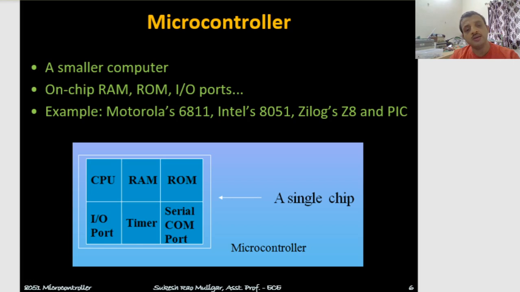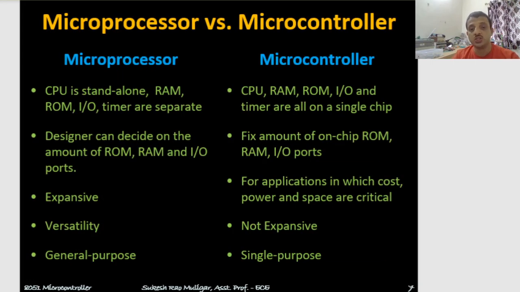A controller can be imagined as a single chip solution for any computing system where we have a CPU, RAM, ROM, IO ports, timers, and so on. There are so many controllers in the market: Motorola, Intel, Zigbee, PIC, AVR. As you can see, there are numerous controllers. All these contain different specifications in terms of RAM, ROM, port selection, and timers. So basically, selecting a controller is actually a challenging issue.